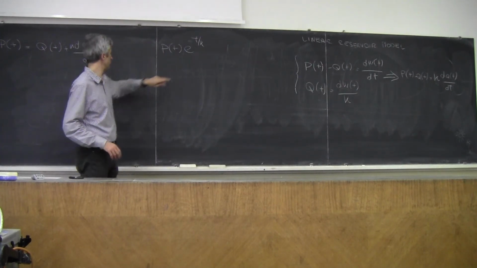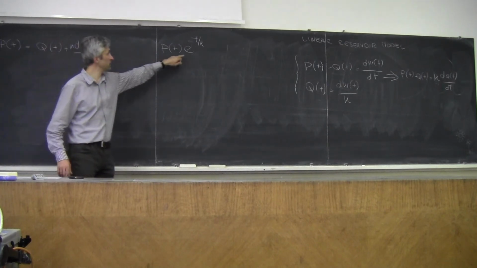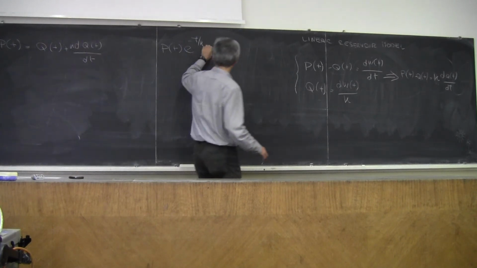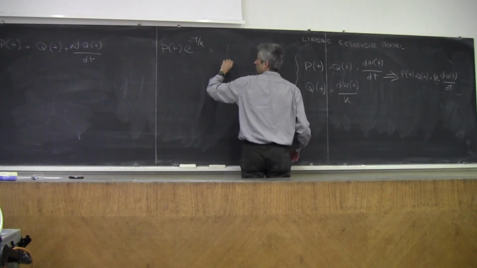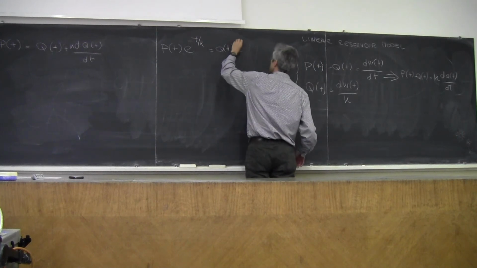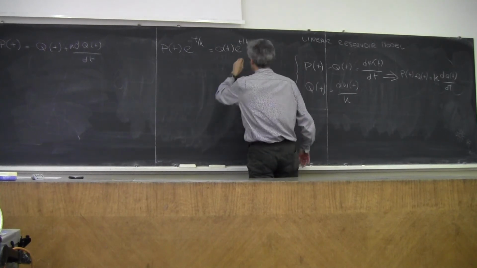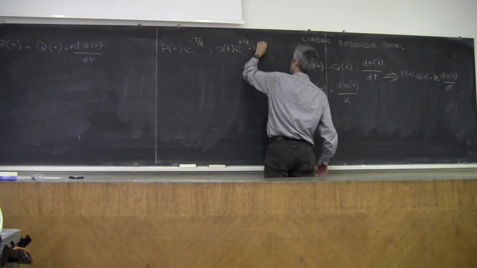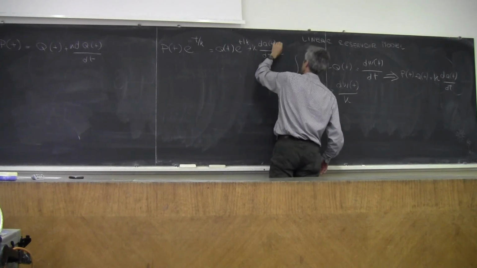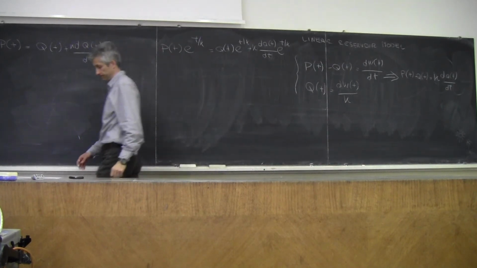So you see that I multiplied the left-hand side of the equation by this term, e to the power of t over k. And now I can say that this is identical to Qt, which multiplies e to the power of t over k, plus K dQt over dt, which multiplies e to the power of t over k.